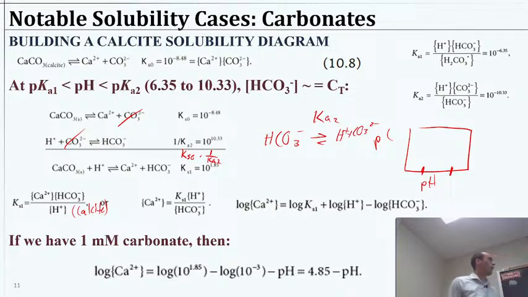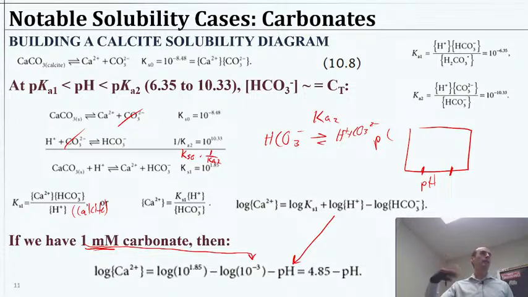So again, recognizing that we have some assumption of the total amount of carbonate, Ct, we can put that in right here at this pH. Okay, and the log H plus, that's like a negative pH, so that goes here. So ultimately our equation becomes log calcium is equal to 4.85 minus pH.